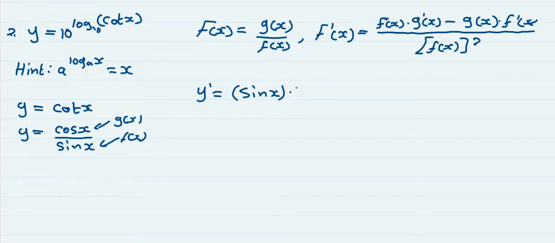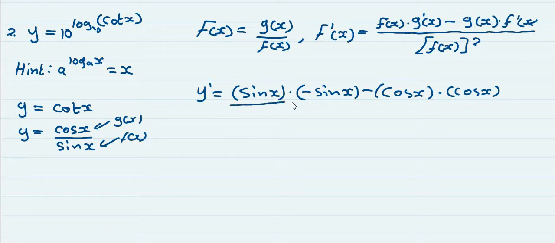Derivative of g of x, cos x, is minus sin x, minus g of x again cos x, multiply by f prime, the derivative of sin, which is cos x, all divided by f of x, which is sin x, all squared.